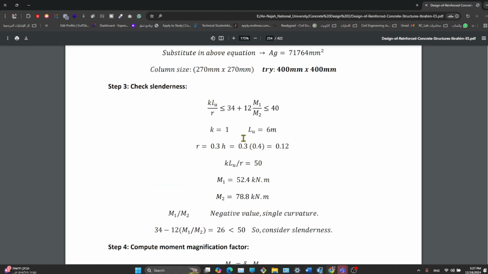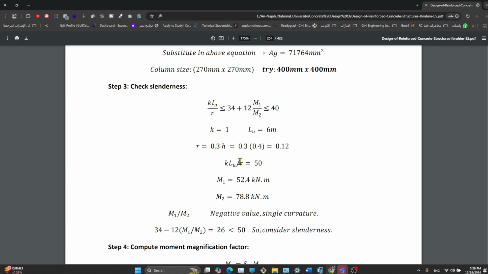Go ahead. Okay. So we need to check the slenderness as we have this formula. M1 over M2 is given, right? And we have K, we have LU, the height, the unsupported length, assuming it's unsupported. R is the radius of gyration.